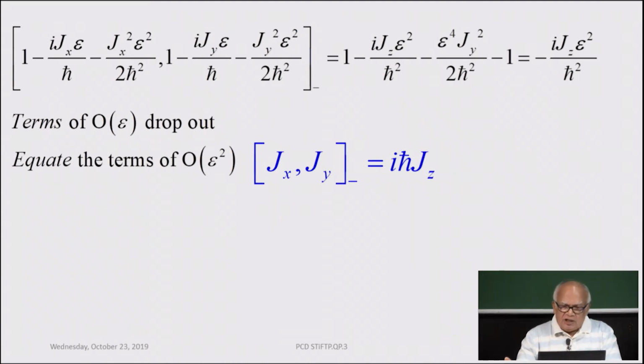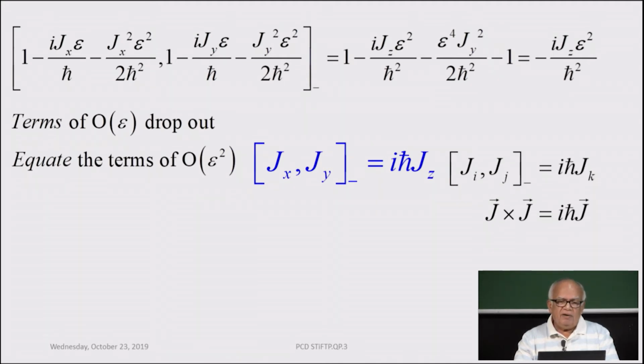So, if Jx comma Jy is equal to i h cross Jz, then you can do a similar algebra for the commutators Jy comma Jz and Jz comma Jx, and you will get similar relations. You can pack them together, and what you get is a general result that Ji comma Jj is equal to i h cross Jk, with the indices rotated cyclically, epsilon ijk.